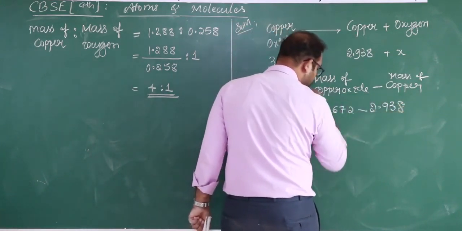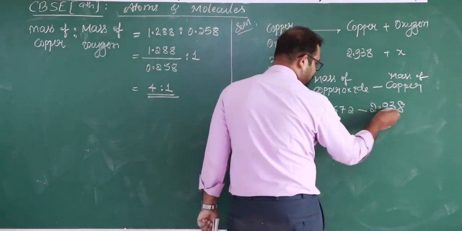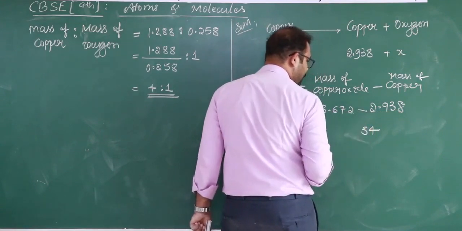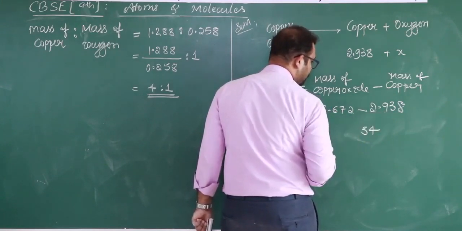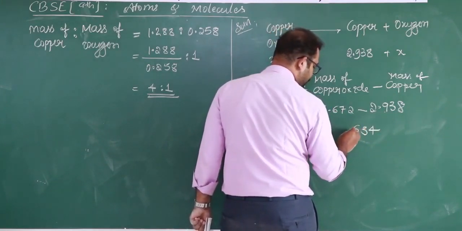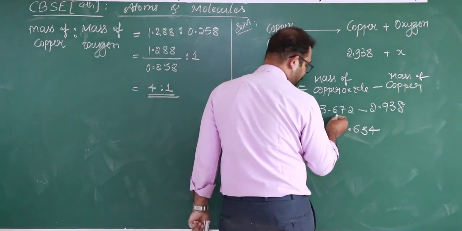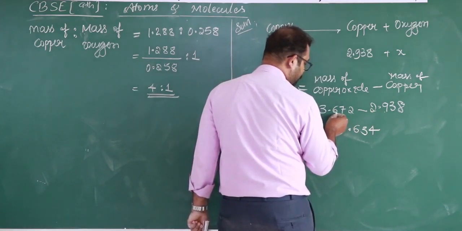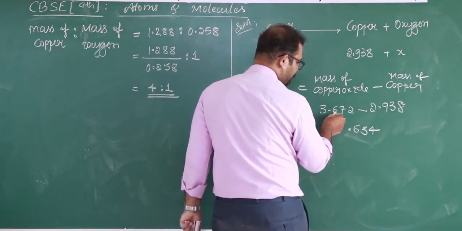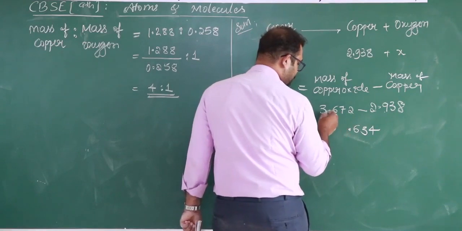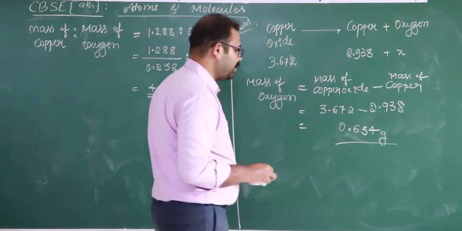If you subtract, you will get 0.734. So this is the value of the mass of oxygen.